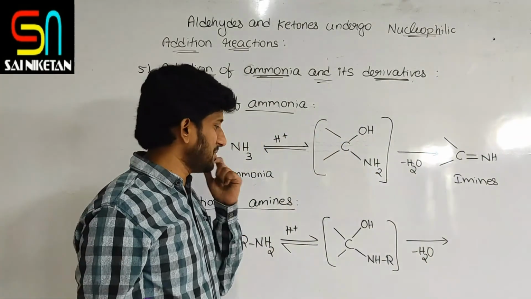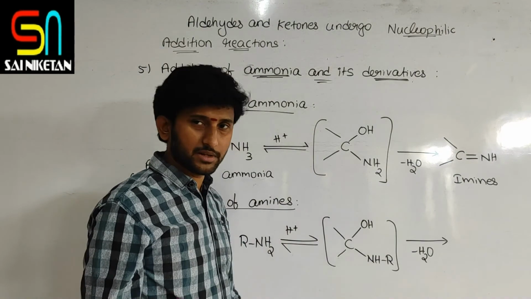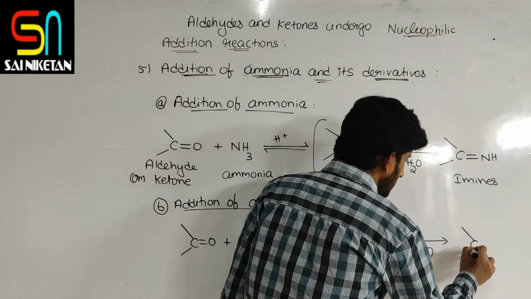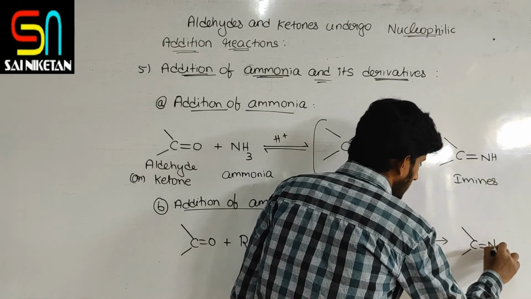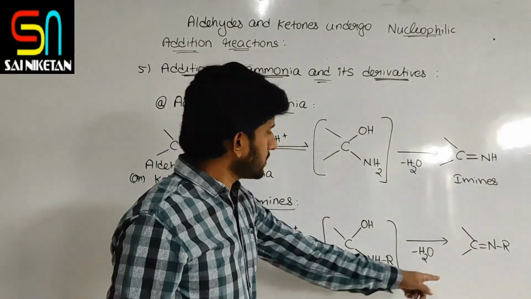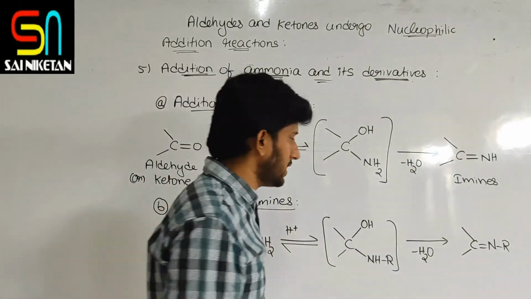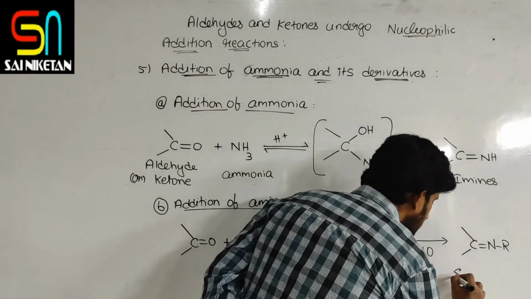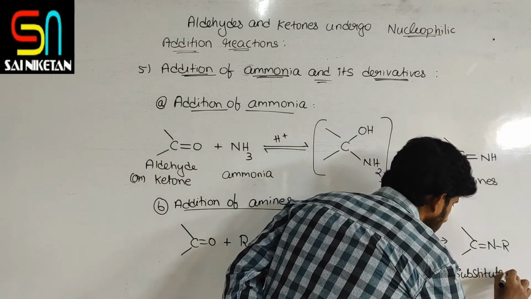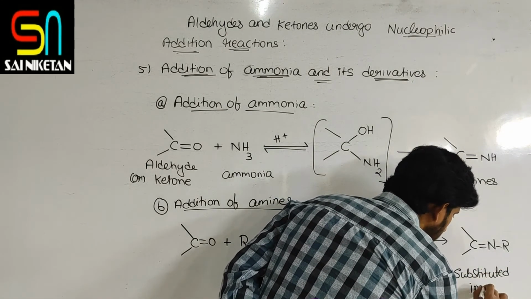How the water is eliminated? From OH from here, H from here. So you will get the C double bond N R. You will get like this. So what is the compound formed here? It is substituted imine. Substituted imines are obtained as a product.